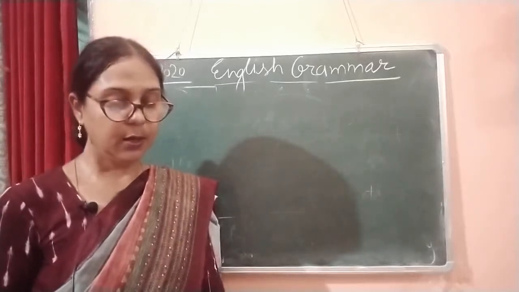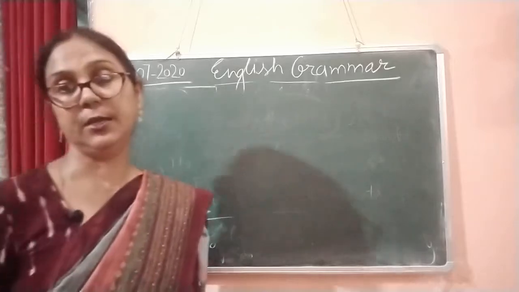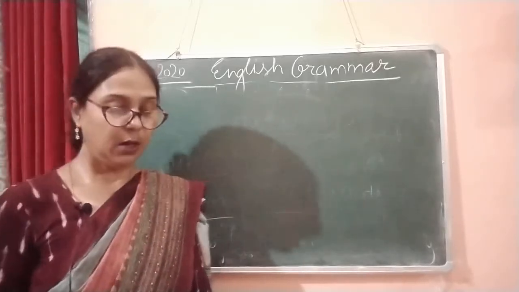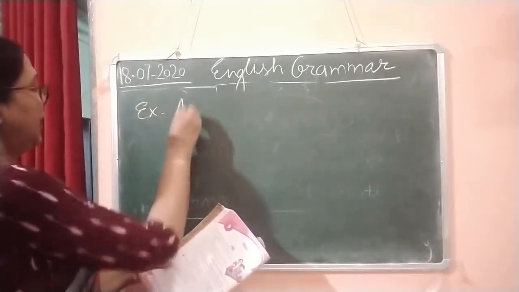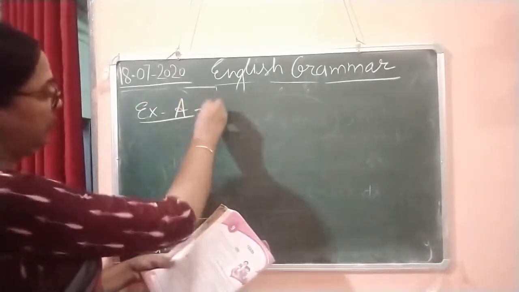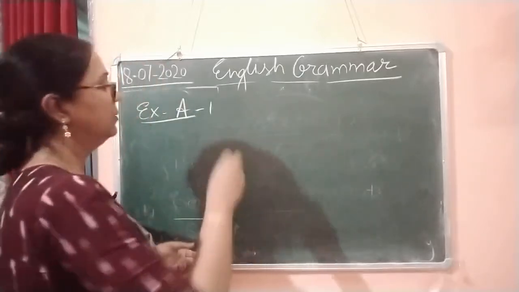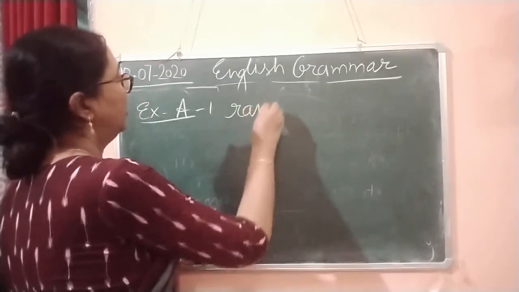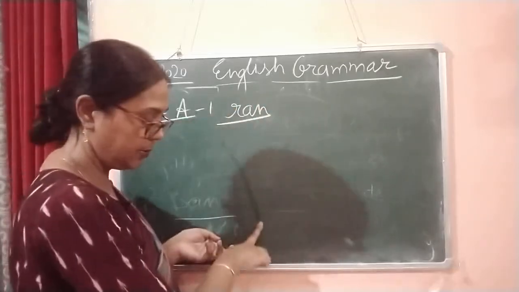Now here, the first sentence: Neha ran to the counter and bought the tickets. Neha ran. Ran, we are going to underline it because it is a verb.